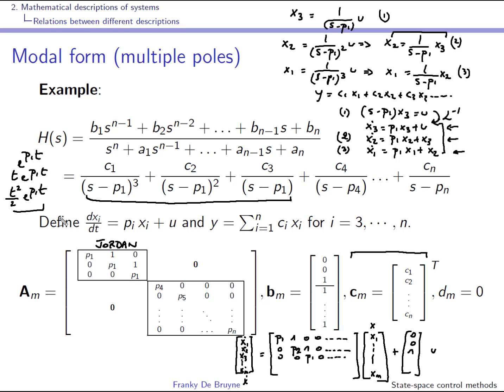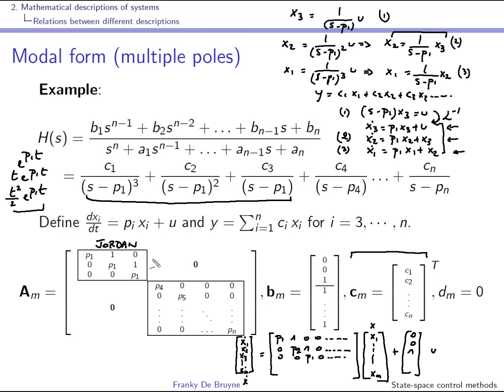So as announced before, this is an example where you have multiple poles in the transfer function, and when you construct a realization, a state space description, you end up with a Jordan block in your A matrix.